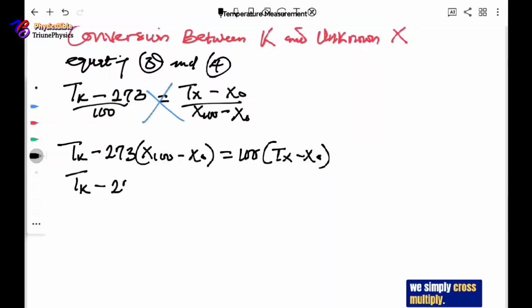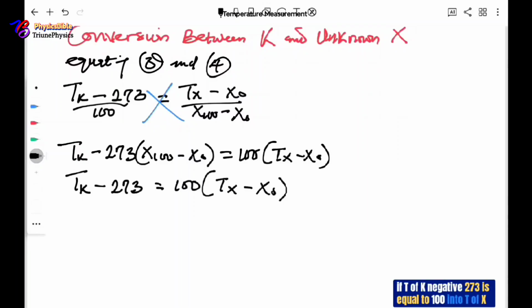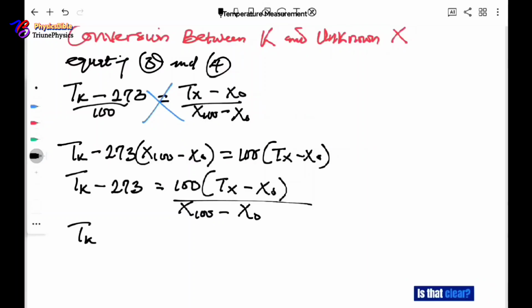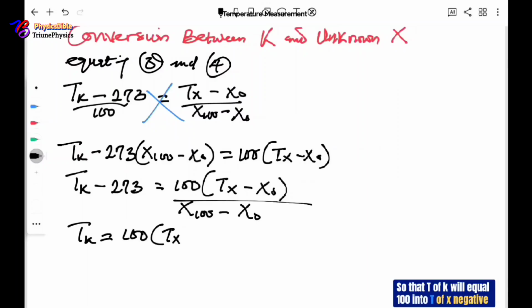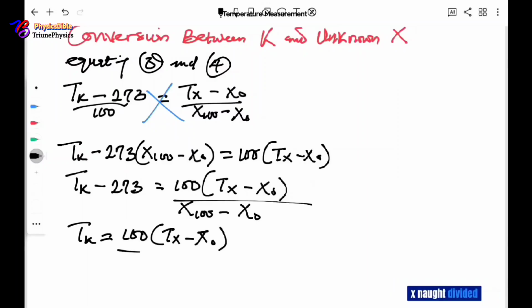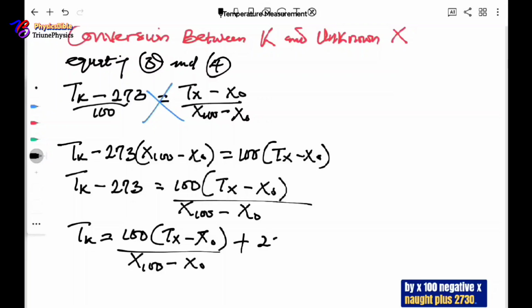We simply cross multiply so that T of K minus 273 is equal to 100 into T of X minus X naught, we divide through by X 100 minus X naught. Is that clear? So that T of K will equal 100 into T of X minus X naught divided by X 100 minus X naught plus 273. Is that clear? So take note of this, please.